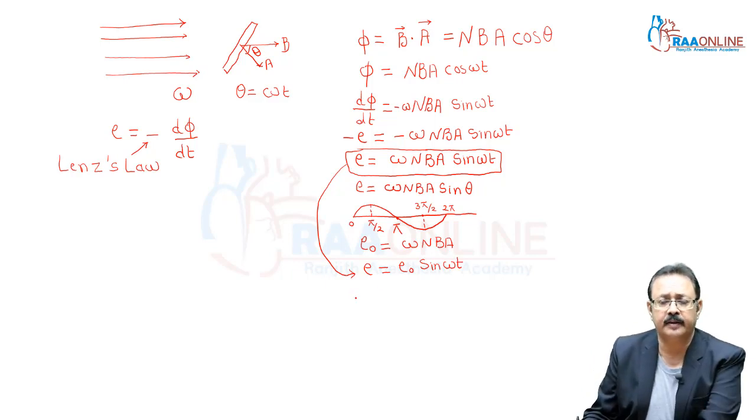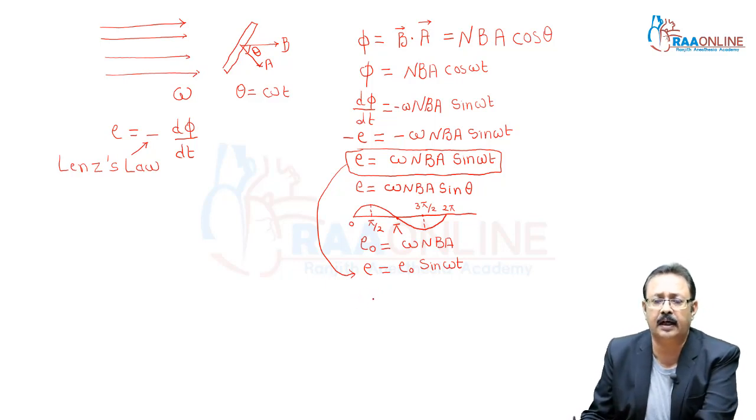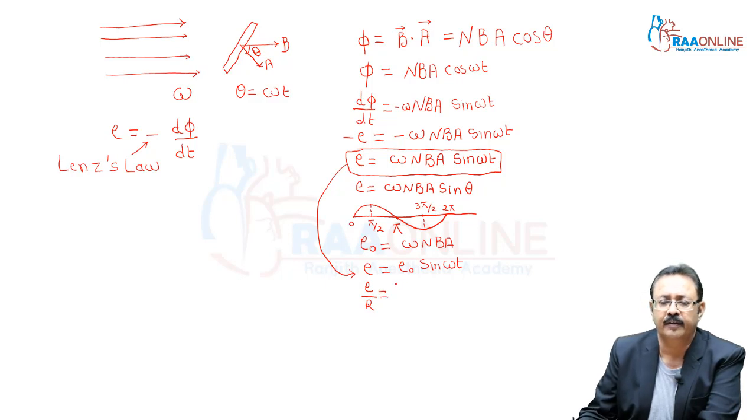But we know that if resistance of circuit is R, E upon R is current. Dividing both sides by the resistance of the circuit, what are we getting? This. Since this current is related to maximum value of E naught, it should be the maximum value of current.